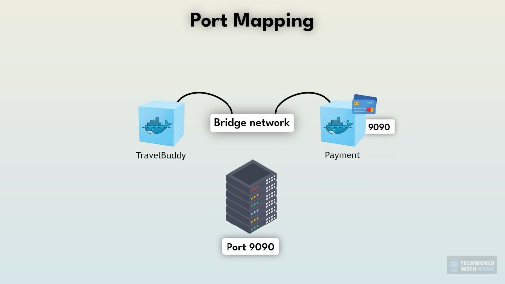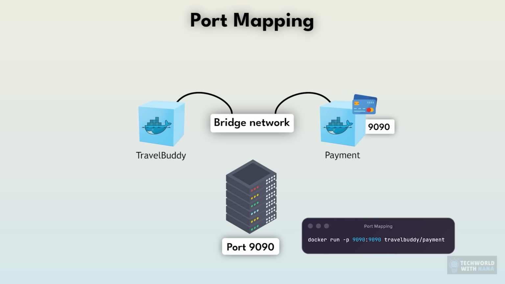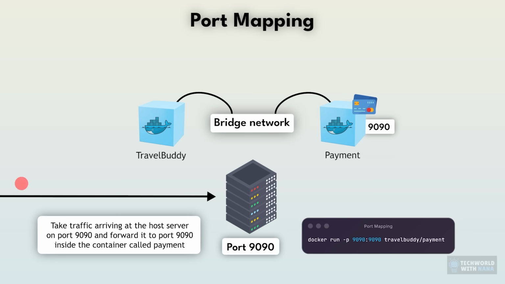The Docker run command has a parameter that lets you bind or map the port inside the container to your host server's port number. This tells Docker, take all the traffic that arrives on this host server on port 9090 and forward it to port 9090 inside the container called payment.